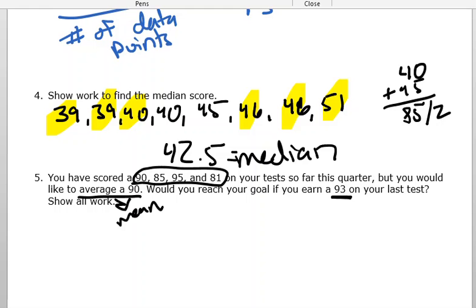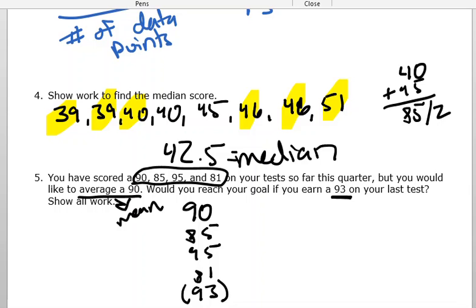So I'm going to go ahead and add 90 plus 85 plus 95 plus 81, and then plus my 93. Okay. And we'll see if that gets me my average that I want. So I have 90 plus 85 plus 95 plus 81 plus 93. Okay, and so that's 5 tests. If I divide this by 5, looks like I'm getting an 88.8.